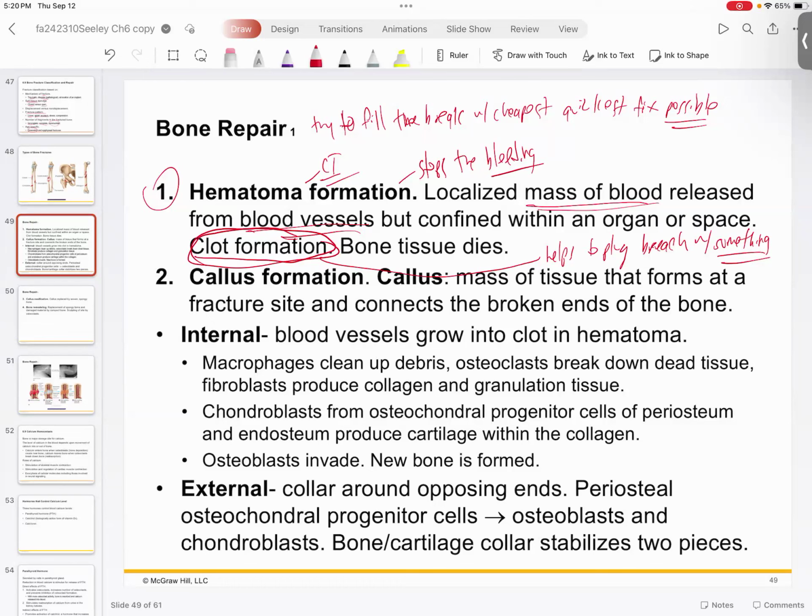So that's one of the jobs of the hematoma: stop the bleeding and try to plug that hole as best you can. Now the problem is, once this happens, because you have blood spewing all over the place, it's not getting to those osteocytes, and that means the bone tissue dies, and so it has to be replaced.